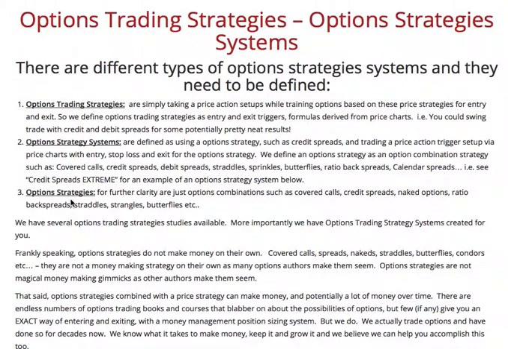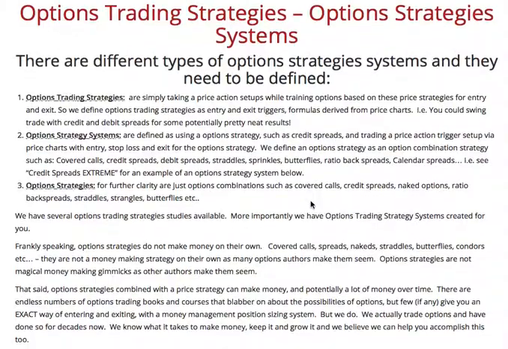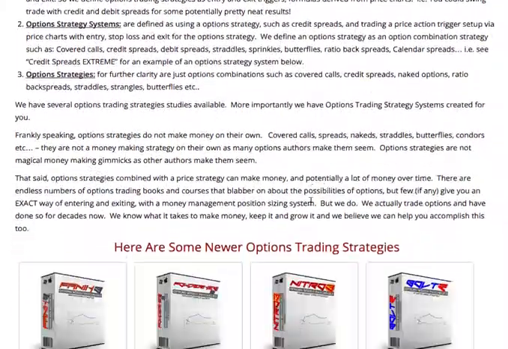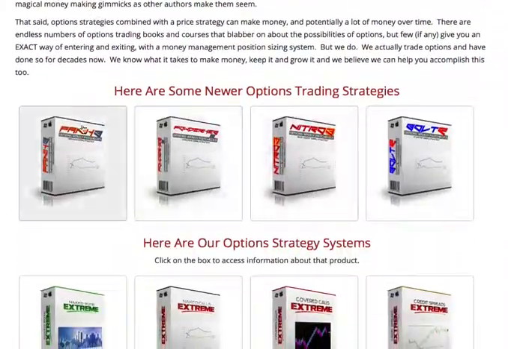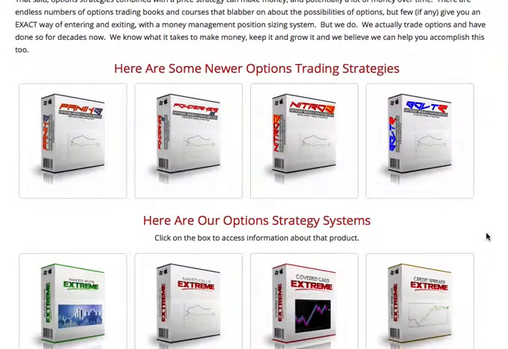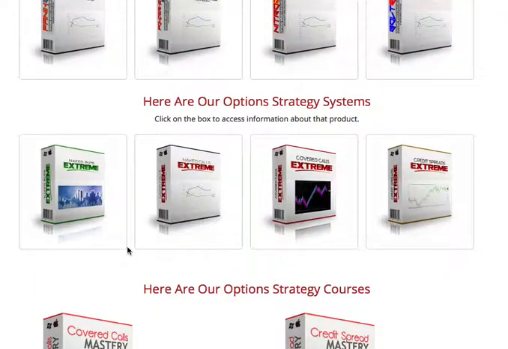Okay? And an option strategy is simply a combination of options or a way of trading options such as buy calls, buy puts, naked calls, naked puts, credit spreads, back spreads, straddles, strangles, butterflies, you name it. All right, and the products, price-based strategies, price triggers, and use options.